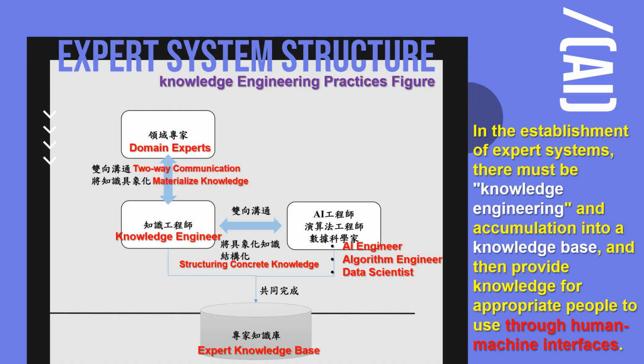So in the establishment of an expert system, there must be knowledge engineering, and the accumulation into a knowledge base, and then provide knowledge for appropriate people to use through human-machine interfaces. Let me give an example about the knowledge engineering practices figure right here. First, you have domain experts. The double arrow here represents two-way communication, and they will materialize the knowledge.